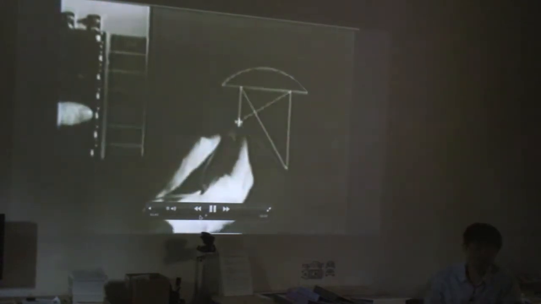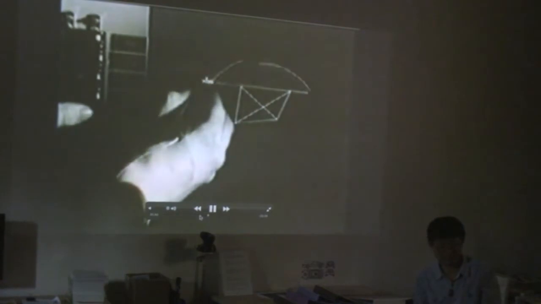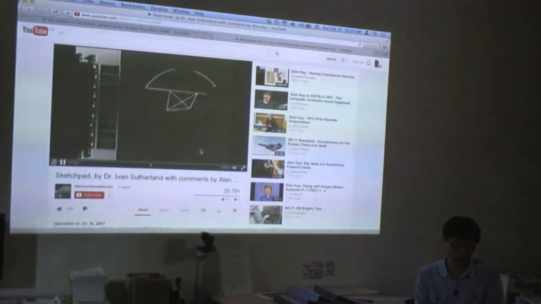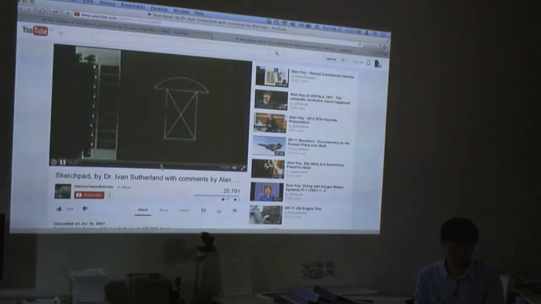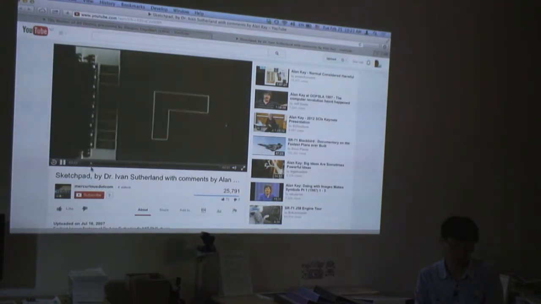Yeah. So thinking it was in the 1960s, and I'm not sure if you have recognized it earlier, but he had concepts like zooming. Like here, he was able to zoom into the drawings and so forth.